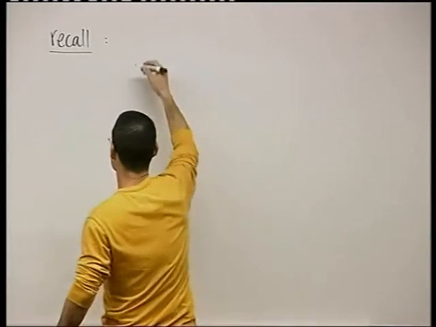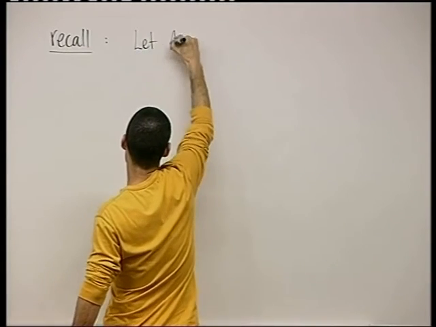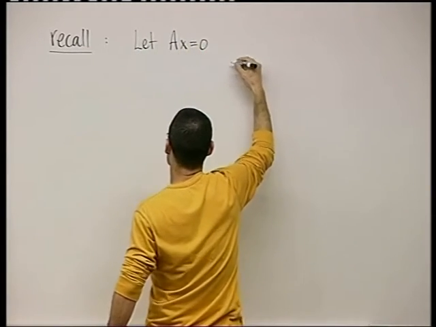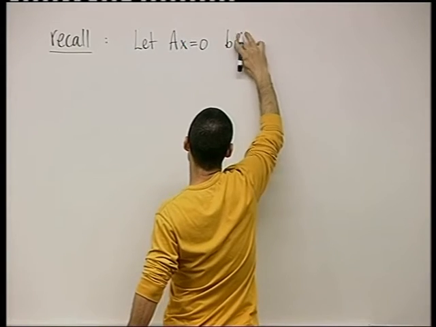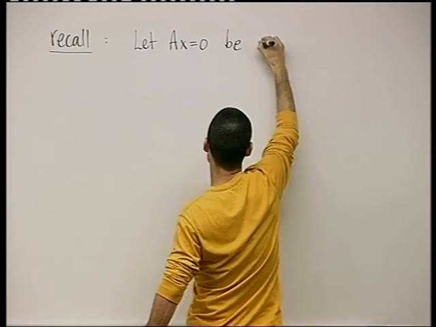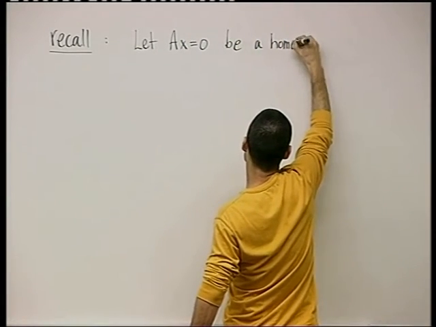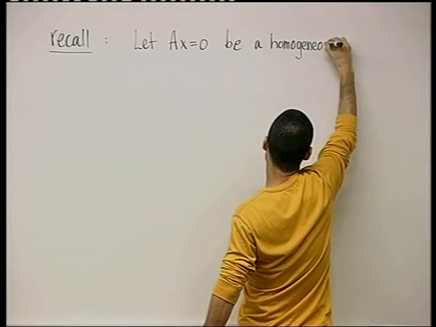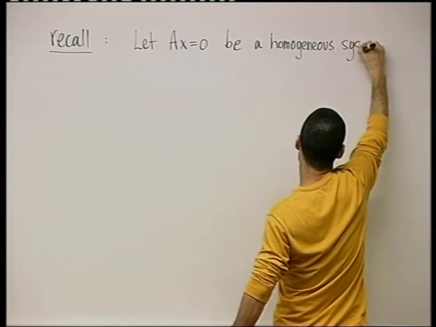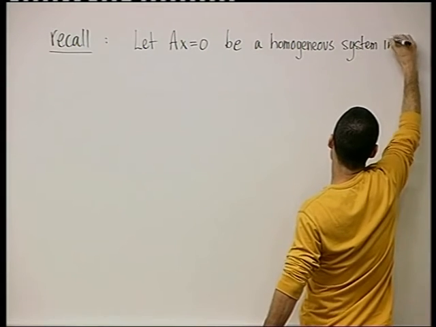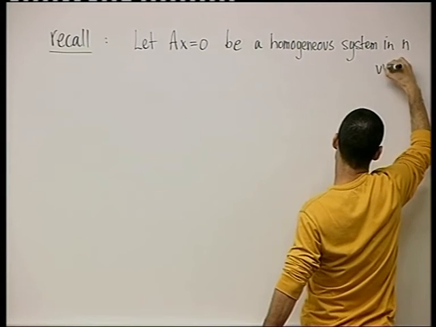Let AX equals 0 be a homogeneous system in n unknowns.